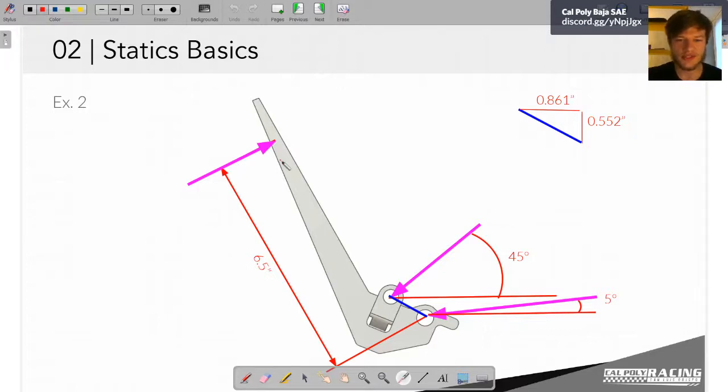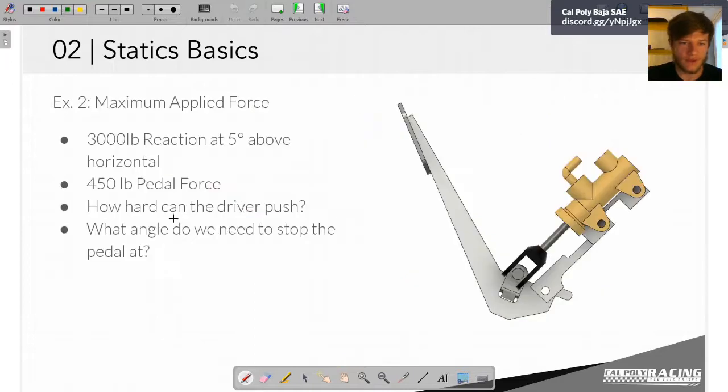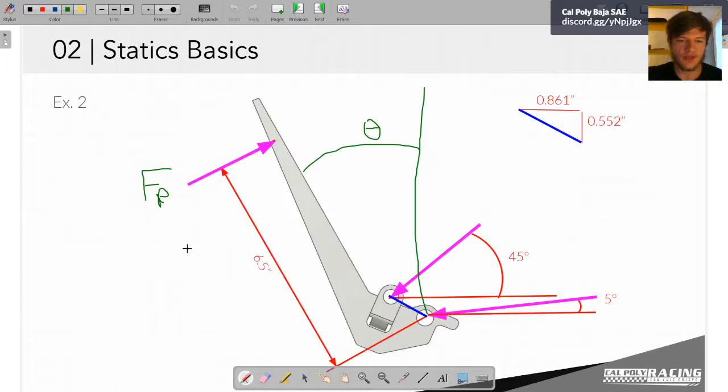The issue was that we basically had two unknowns: one unknown was this angle, theta, and one was the magnitude of this force, let's call it F of P. We said, how hard can the driver push and what angle do we need to stop the pedal at? So I thought, oh yeah, there's only two things we're looking for, so there must be only two unknowns.